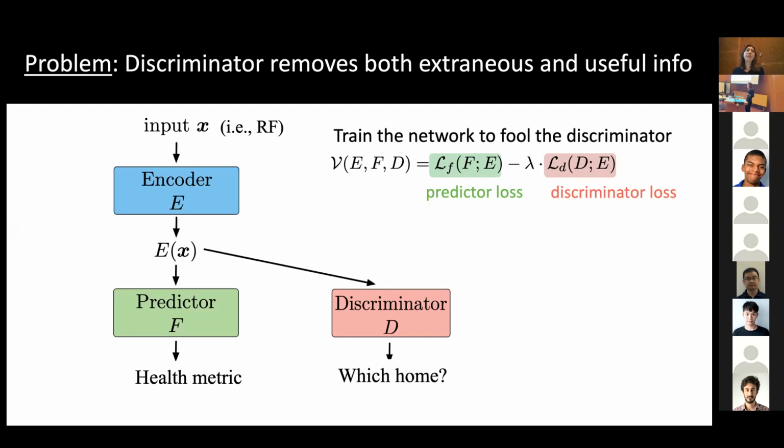Maybe some of the information that separates environment 1 and environment 2 is actually related to the person. Let's say some people might have obesity and it might affect their sleep. If you really want to make things the same across domains, removing all domain-related extraneous information, then you might remove that information and as a result, your prediction is bad.